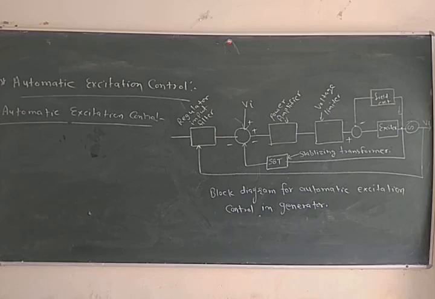So automatic voltage regulators, these regulators sense the change in alternator terminal voltage and bring it back to the rated value by adjusting the alternator excitation. So the main point regarding automatic excitation control is that we use automatic voltage regulator sensors in this method.